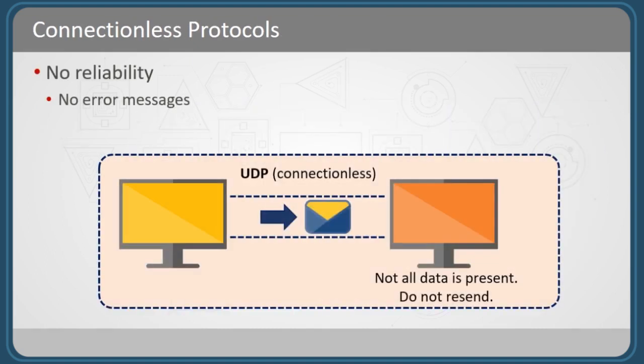So in terms of the features, there is no reliability built into connectionless protocols. There are no error messages. So in this example, we see not all data was sent. There is no request to resend. But again, higher level protocols can be implemented to address those problems if necessary.